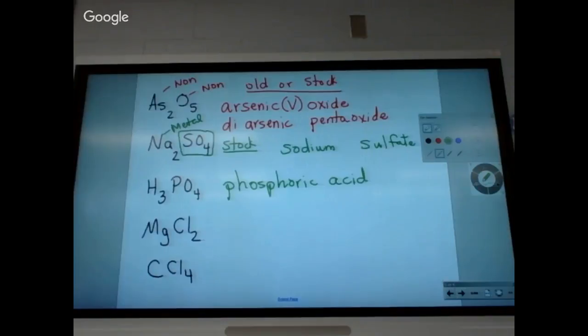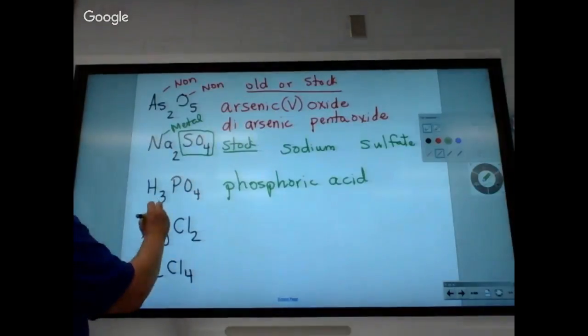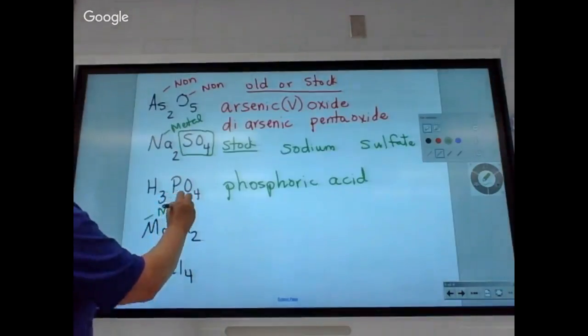MgCl2. What can you tell me? It's what? All right, why? You're exactly right. Just tell me why for the people who don't know. It's a metal. Okay, because those of you who've got it, just give me a reason for the people who don't have it. Okay, it's a metal.